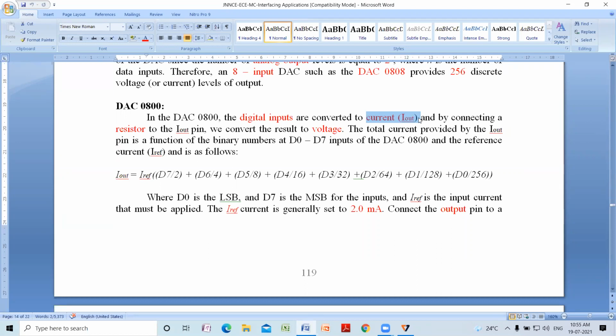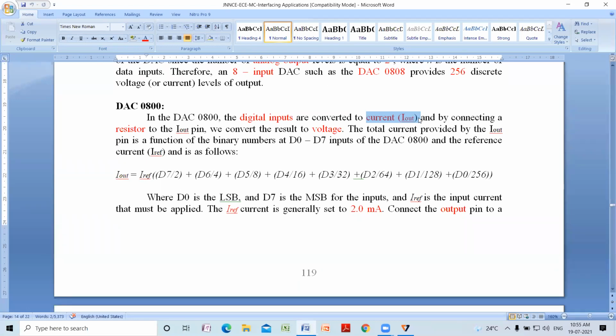The total current provided at the I out pin is a function of the binary inputs D0 to D7 and the reference current IREF. That is, I out is equal to IREF into D7 by 2, D6 by 4, D5 by 8, D4 by 16, D3 by 32, D2 by 64, D1 by 128, D0 by 256, where D0 is the LSB and D7 is the MSB.